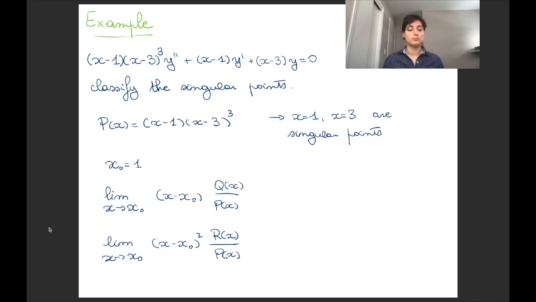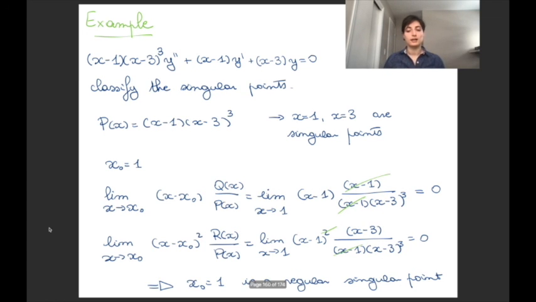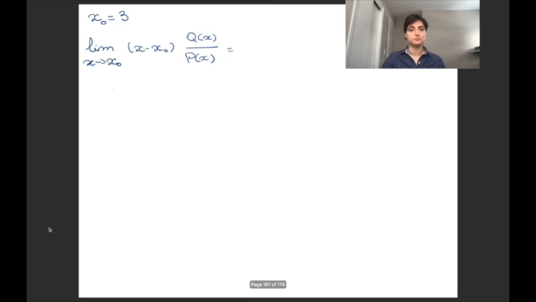Then we have to compute the limits that we just defined. For the first singular point, x naught equal to 1, we want to compute the limit for x tending to x naught of x minus x naught times Q over P, and x minus x naught squared times R over P. We do this, and we find that both limits are equal to 0, so x naught equal to 1 is a regular singular point.